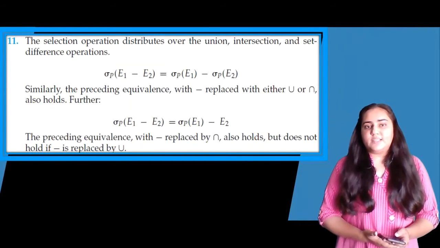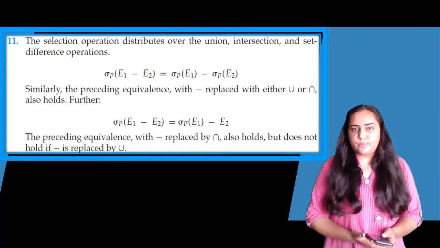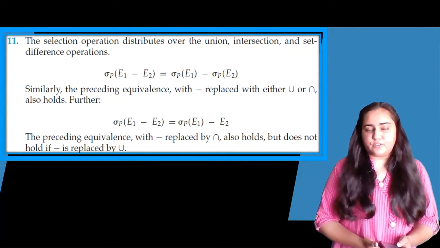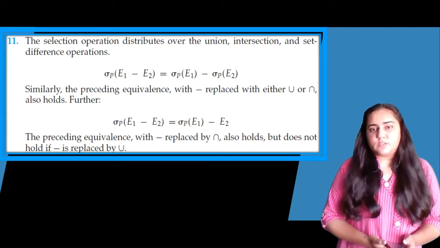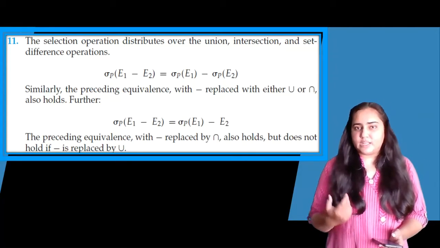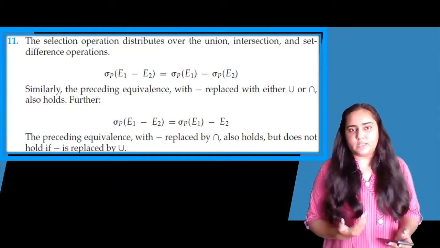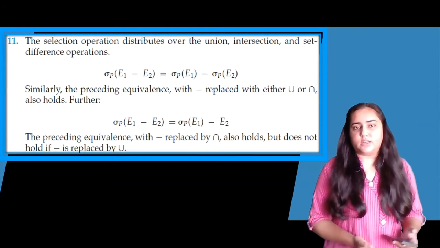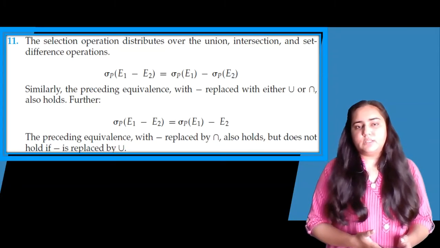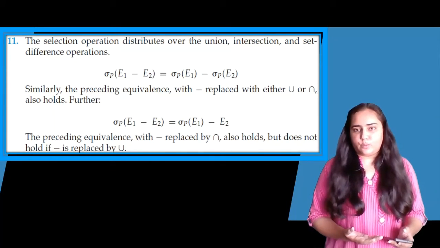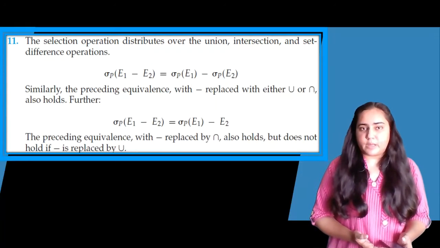Now, the selection operation distributes over the union, intersection and set difference operations in this manner. I'm only giving you an example of set difference, but you can distribute it over union and intersection, which I've explained later on. Now here you can see there is a sigma p condition. P is the condition on which my select statement needs to be applied.